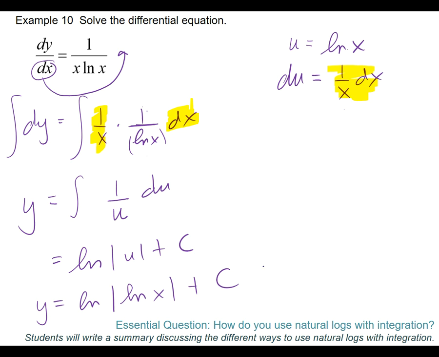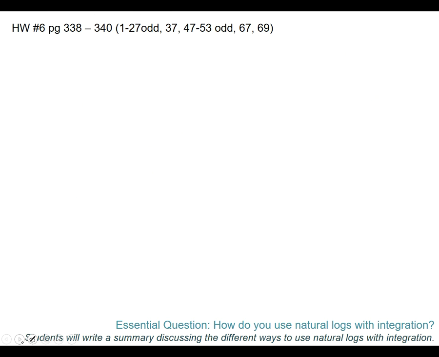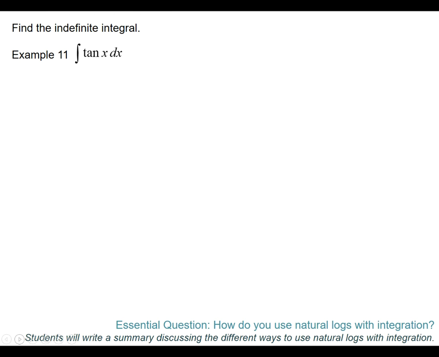Alright, let's go to the trick. Cotangent.